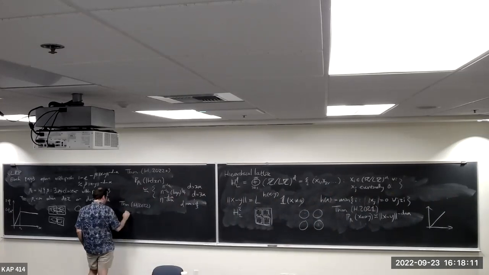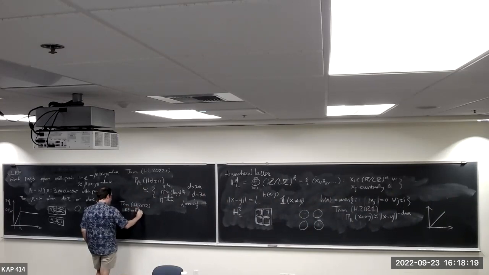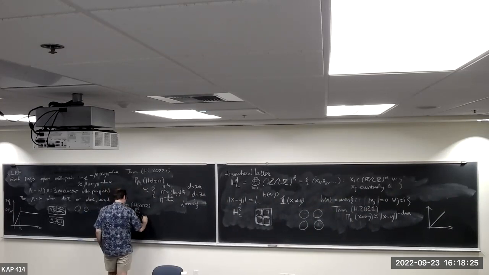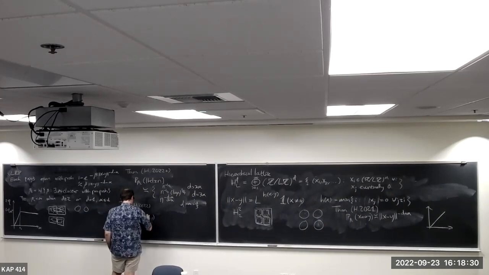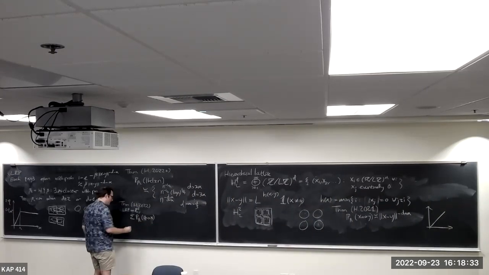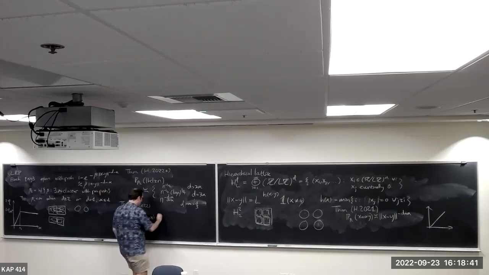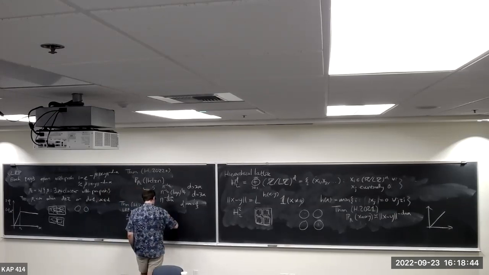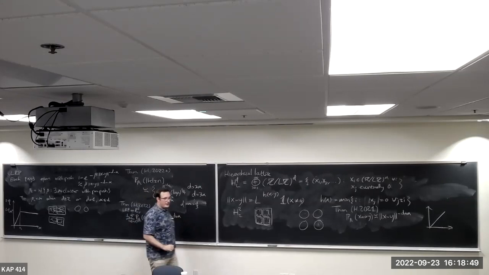So what I proved is that for long-range percolation on Z^d, if you look at the average of the 2-point function on a box, this is bounded by a constant times n to the minus d plus alpha.